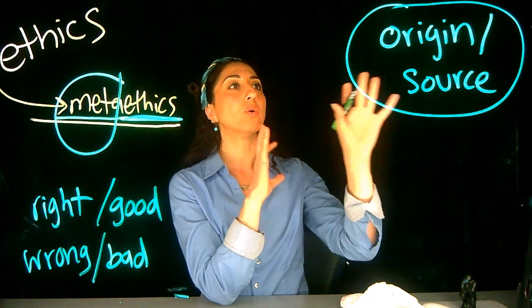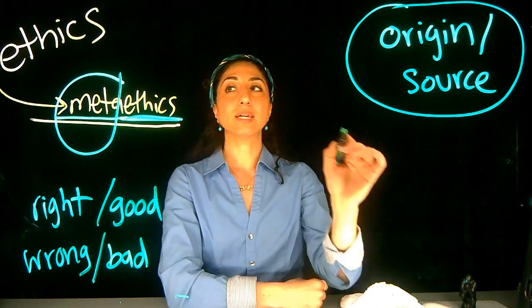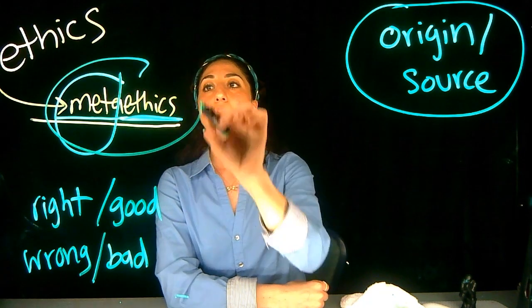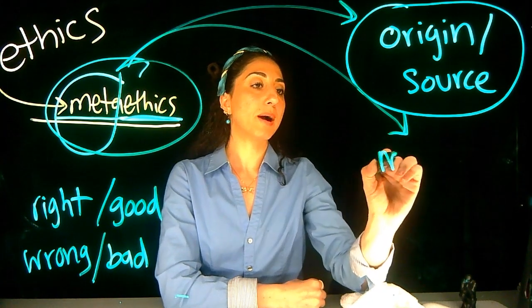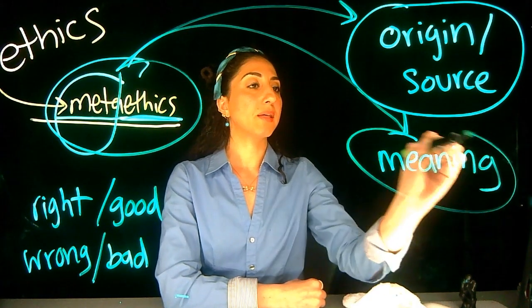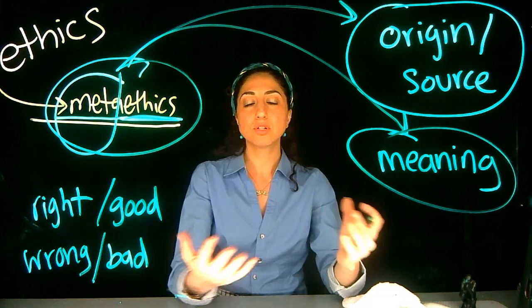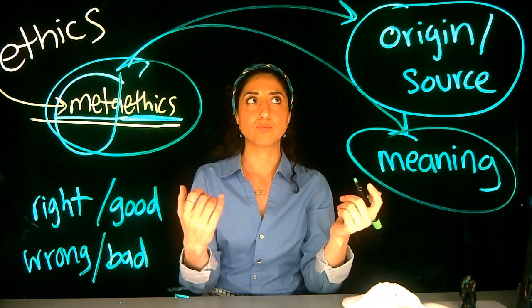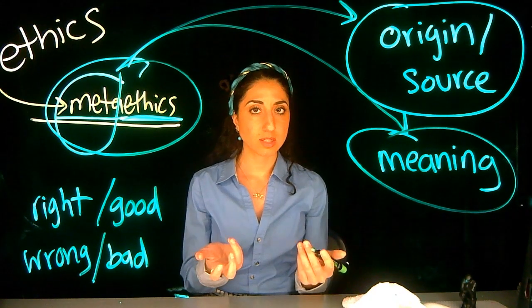Now, we can leave the origin or the source of right and wrong behind, and we can say that metaethics not only is about that, but it's also about meaning. When we're studying metaethics, we can also be thinking about meaning. So there's all these ethical words like wrong, right, bad, good, sin, righteous.